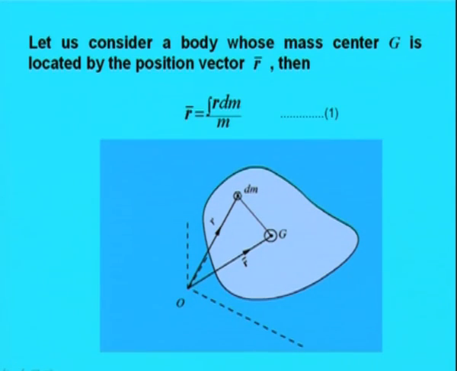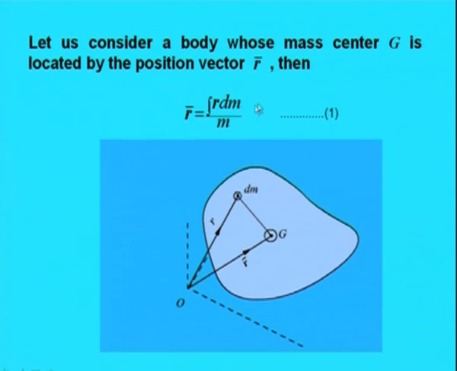Now we apply Newton's law. Let us consider a body whose mass center G is located by the position vector R bar. Then R bar is equal to the integral of R dm divided by m, where R is written in bold letters, meaning it is a vector, and m is the total mass of the body.